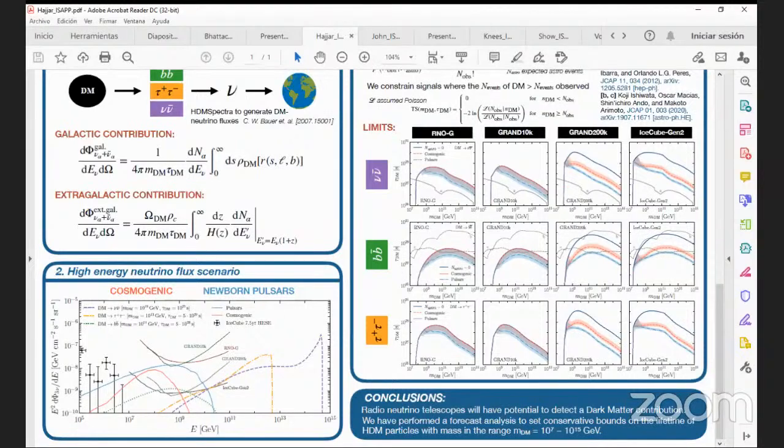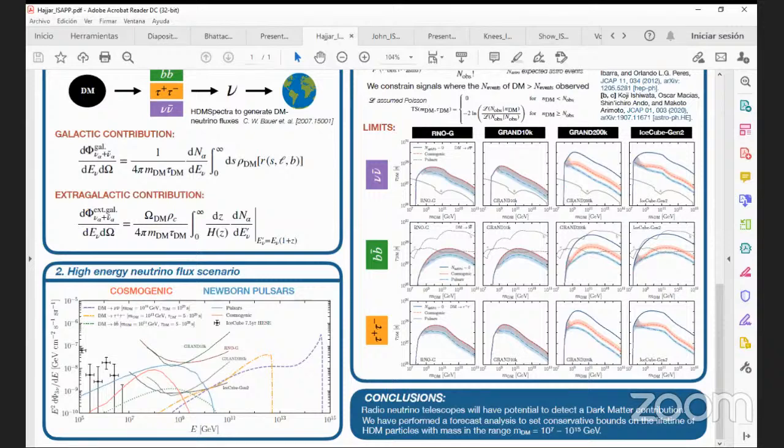Well, on the second panel, we took, from an existing plot, the neutrinos that will be generated from newborn pulsars. As you can see, the contribution coming from the newborn pulsars is higher than the cosmogenic one on the second panel.